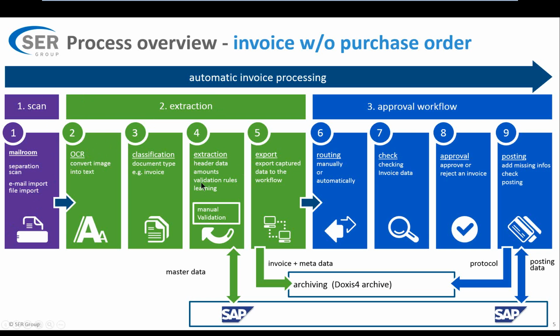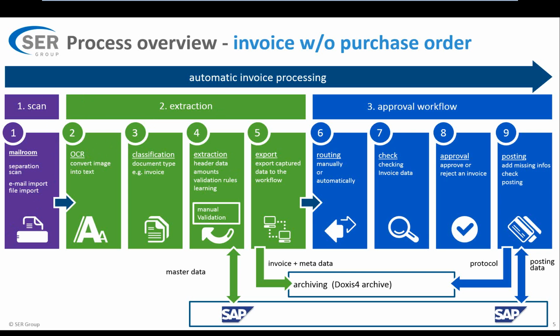So basically, we extract all header data information from an invoice. We extract amounts. We have, of course, validation rules to do automatic validations on the image. For example, we can do some law checkings.